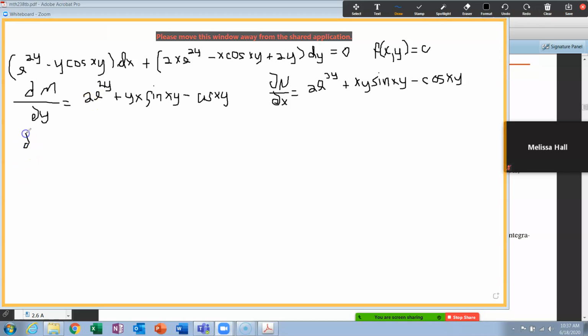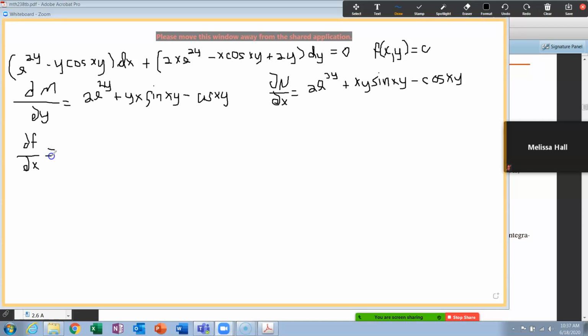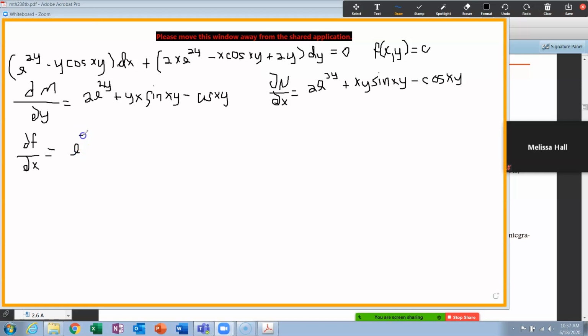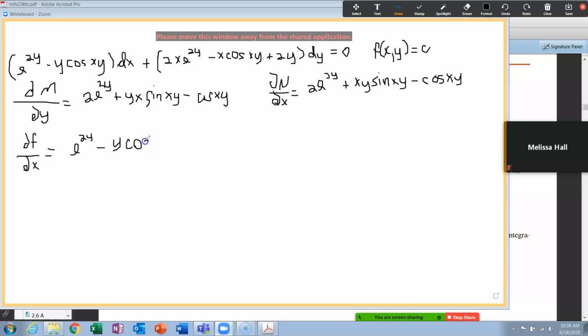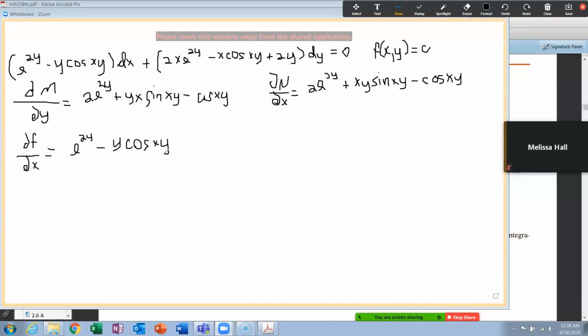The partial of f with respect to x needs to be this thing: e to the 2y minus y cosine of xy. This is so tedious.